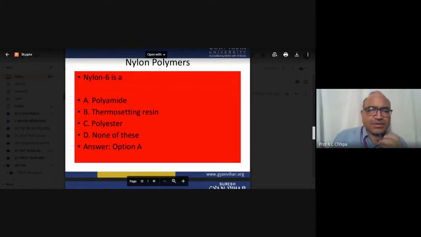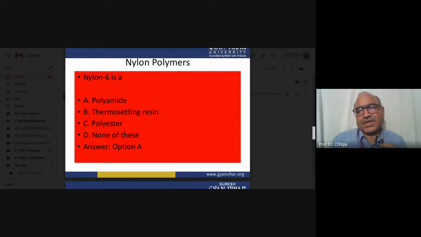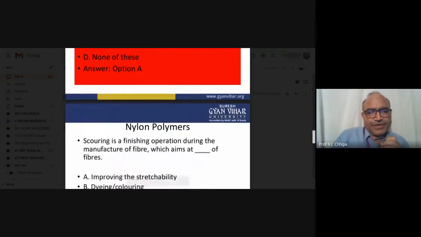So this is also polyamide. So the correct answer is whatever we have given. Thermoset resins, polyester. Polyester is another polymer type, and that is the combination of carboxylic group with hydroxy group. Polyester group is formed, that is also a carboxylic acid derivative. Then none of these is not the answer.